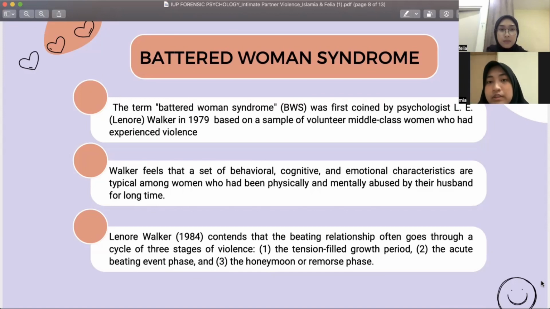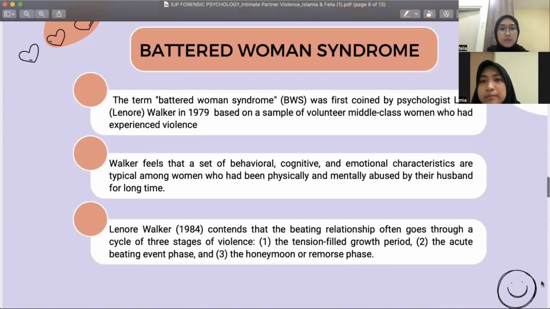Walker, 1984, also contends that the battering relationship often goes through a cycle of three stages of violence. The first one is the tension-filled growth period. The second one is the acute beating event phase, and the third one is the honeymoon or remorse phase, as we discussed before. Next slide, please.